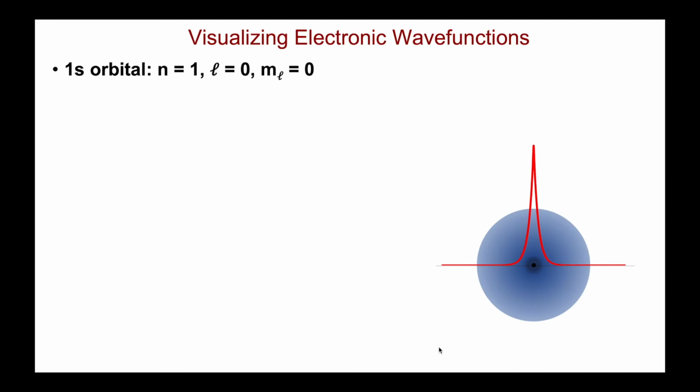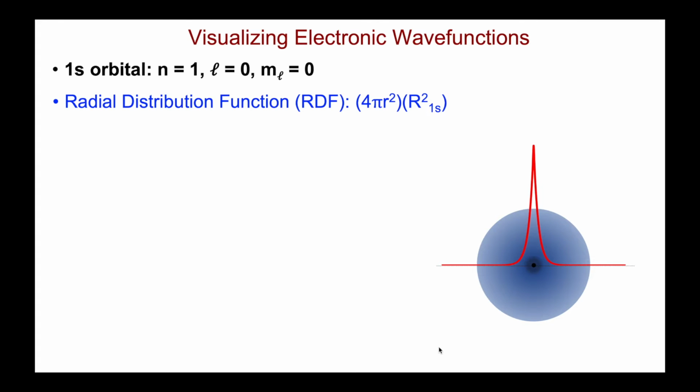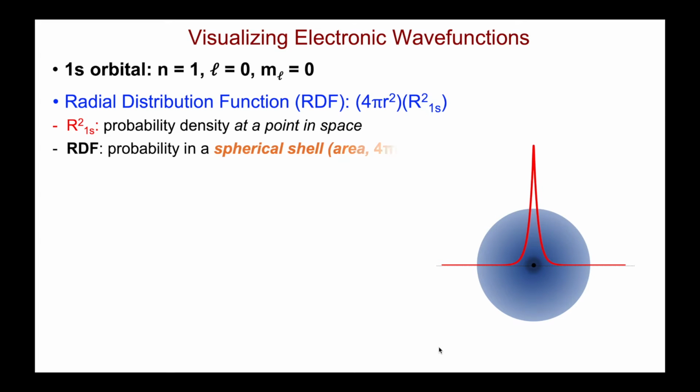Now let's turn to the radial distribution function, the RDF. These you will have seen before in freshman chemistry, and are the most common method for representing the change in the probability density with distance. The RDF is a product of the square of the radial component of the wave function, which is the probability density at a point in space, and the area of a spherical shell at that radius.